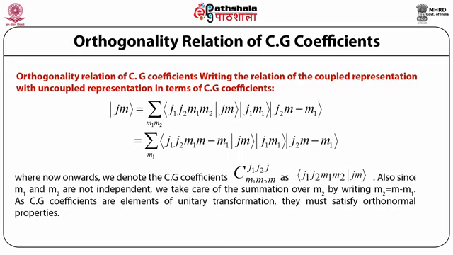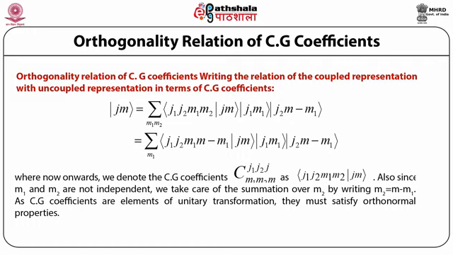As discussed above, <j1 j2 m1 M−m1|J M> are the Clebsch-Gordon coefficients, where instead of m2 we have used the relation m2 = M − m1, and this we could do because m1 and m2 are not independent.